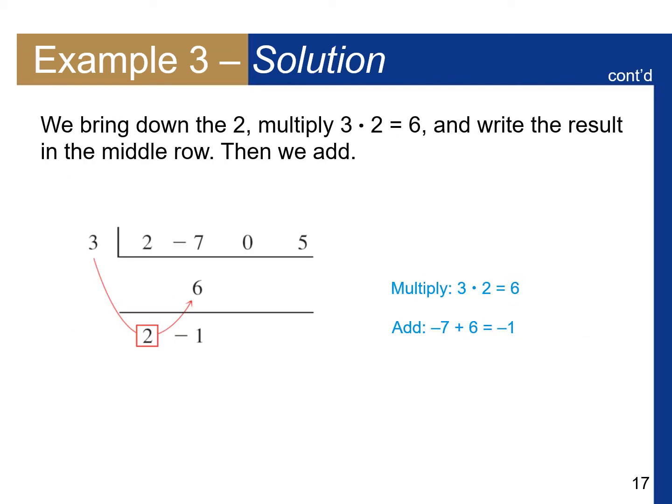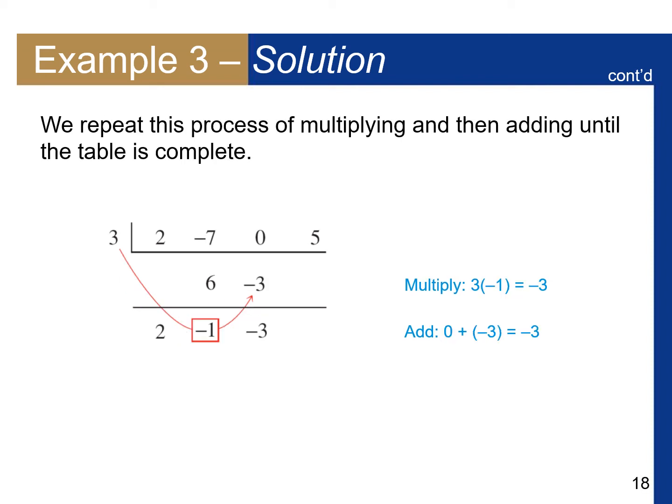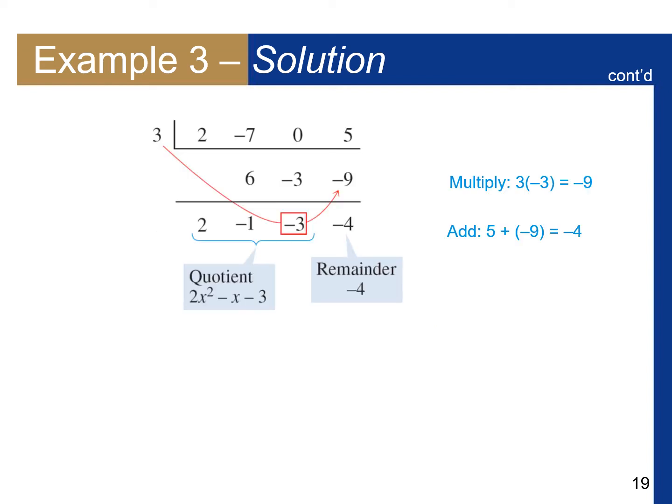And then again, I bring the first one down. I multiply and put it up here. Then I add straight down. I'll get -1. Then I multiply again, and I get -3. Then I'll add straight down. I get -3. Multiply again, -9. Add straight down, and there's my remainder of -4.